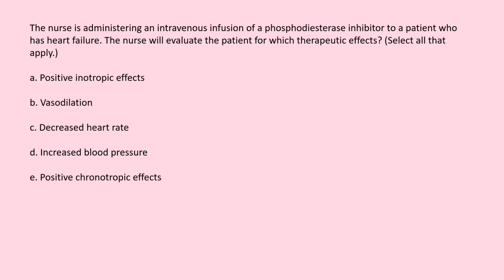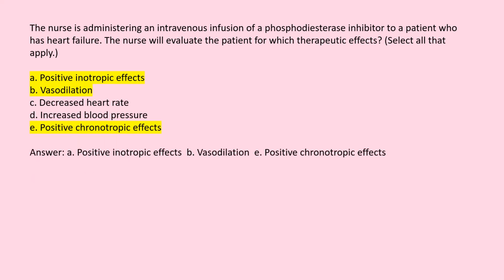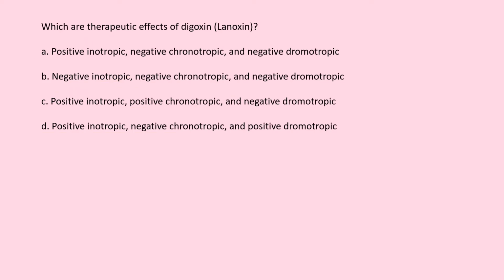D. Increased blood pressure. E. Positive chronotropic effects. Answer. A. Positive inotropic effects. B. Vasodilation. E. Positive chronotropic effects, which are therapeutic effects of digoxin, Lanoxin.